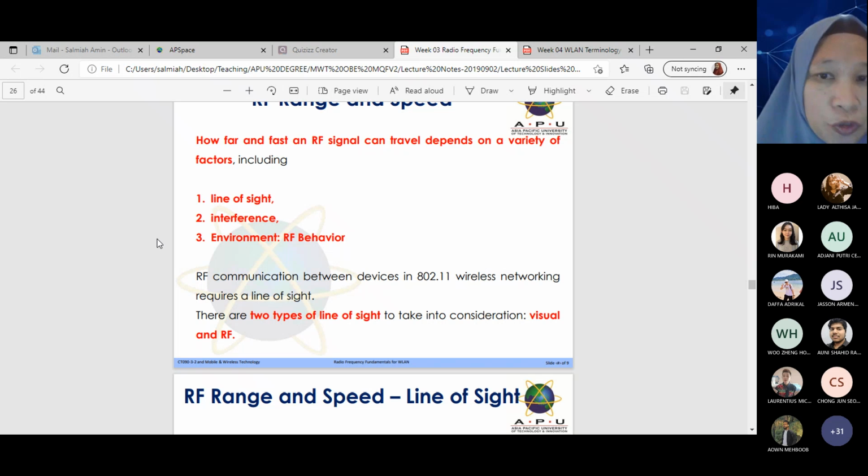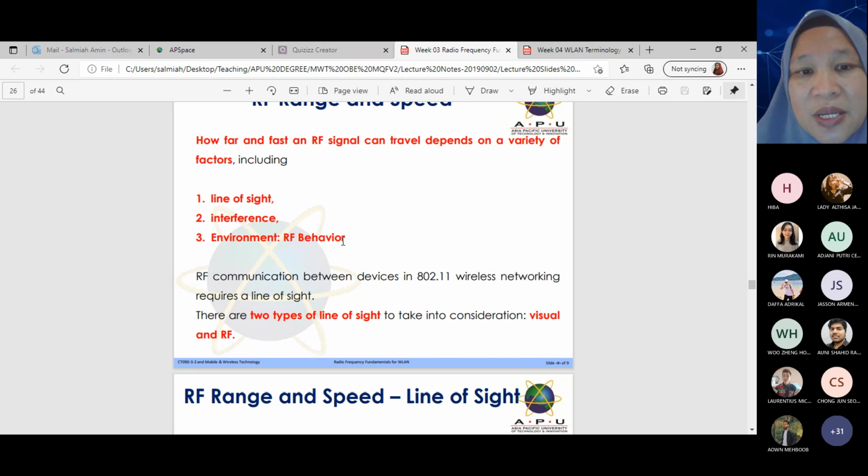There are three factors that make us consider how fast and how far radio frequency signals can travel within our wireless LAN infrastructure site. One is line of sight, the second is interference, and the third is environment in terms of radio frequency behavior.